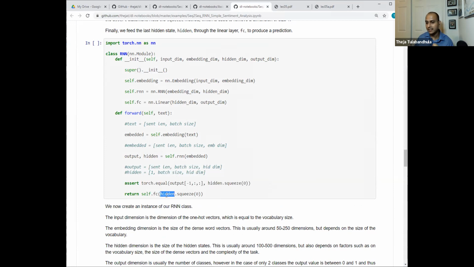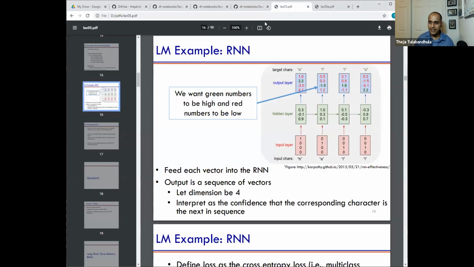So instead of passing hidden, you could have just passed the last vector of the output to the fully connected layer. The green stuff passes through the fully connected layer, and in that code base it happens to be 2-dimensional scores, because you're just predicting positive or negative, and only at the end.